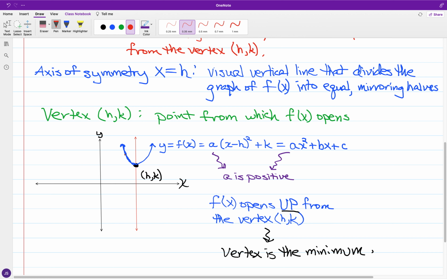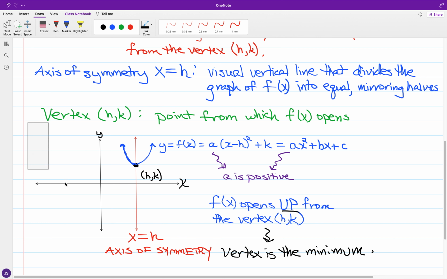And another thing too, if you notice, you have this dividing line, and we have x is equal to h, and this is going to be the axis of symmetry. All right, so this is a case where we have the graph opening upward.